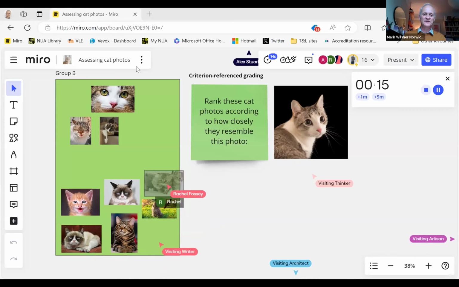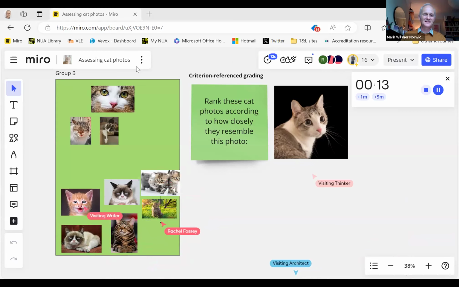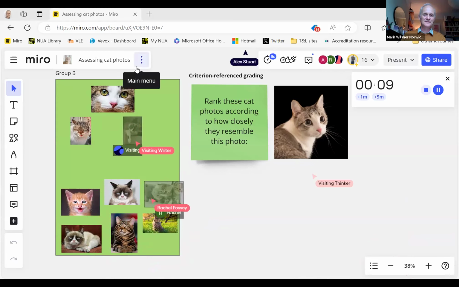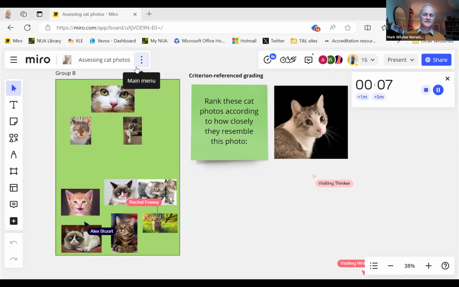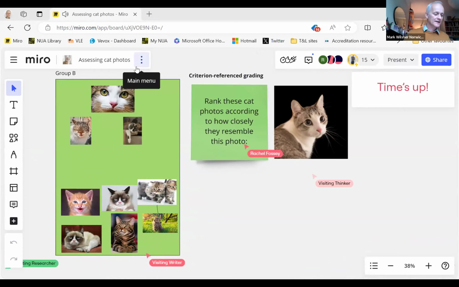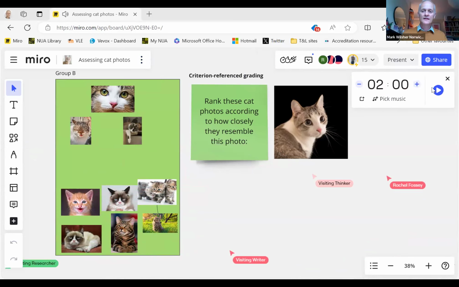I love watching all the arrows whizzing around as well. That's always good fun. Time is up. Okay. Thank you for that. Well done.